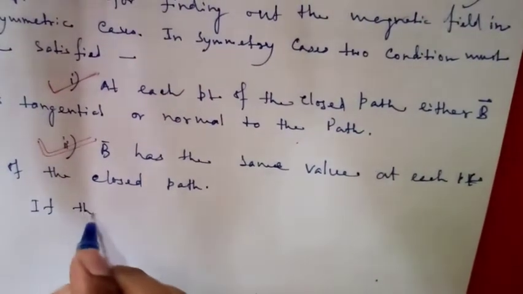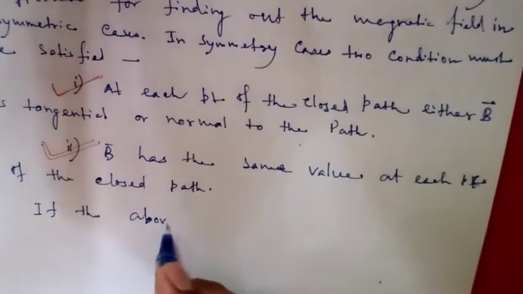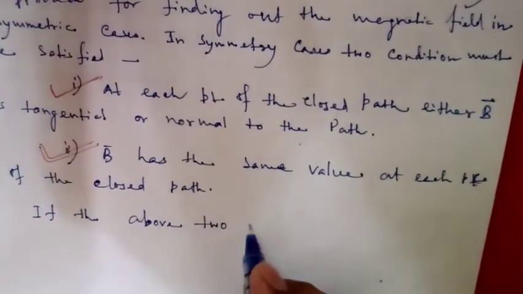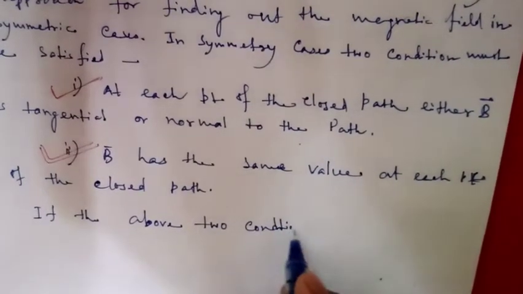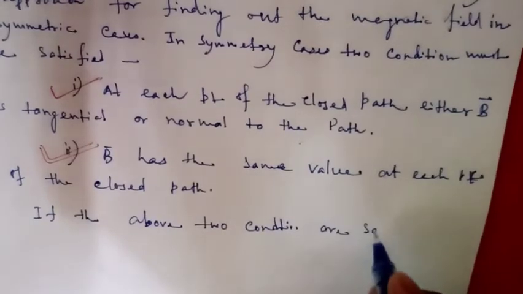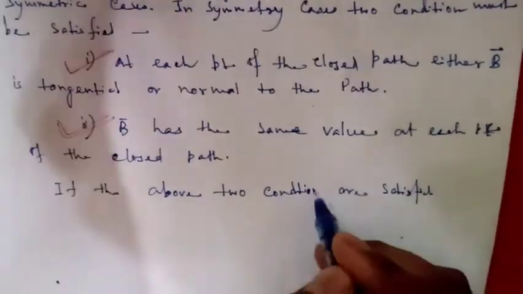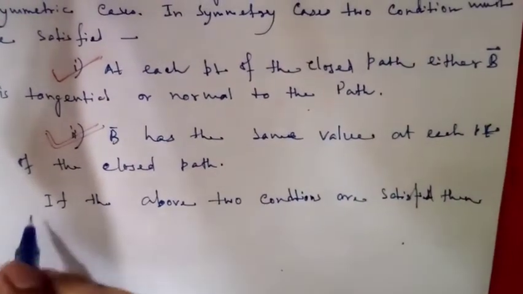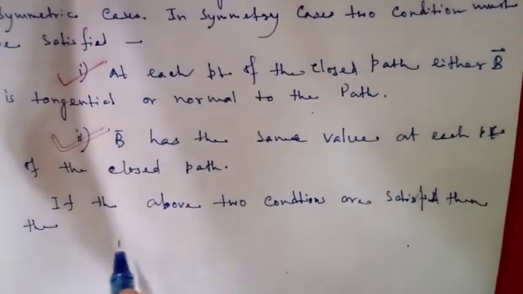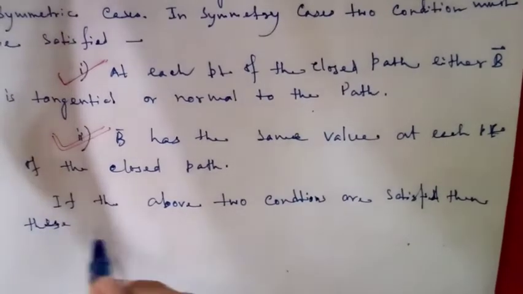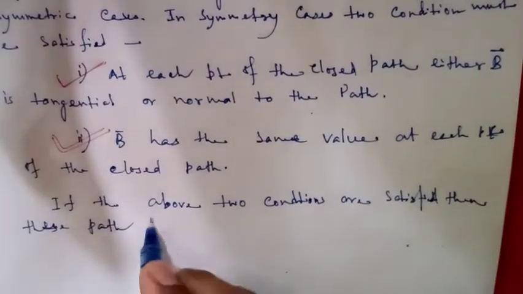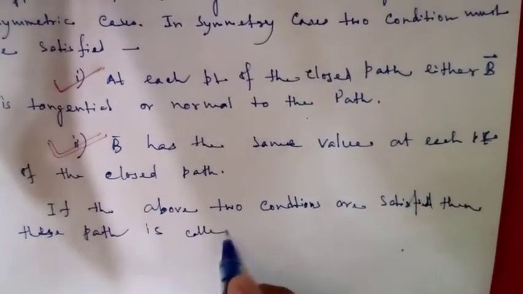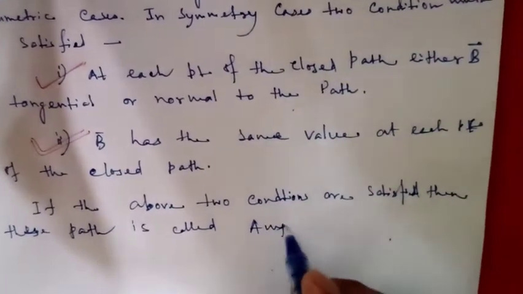If the above two conditions are satisfied, then this path is called Amperian path.